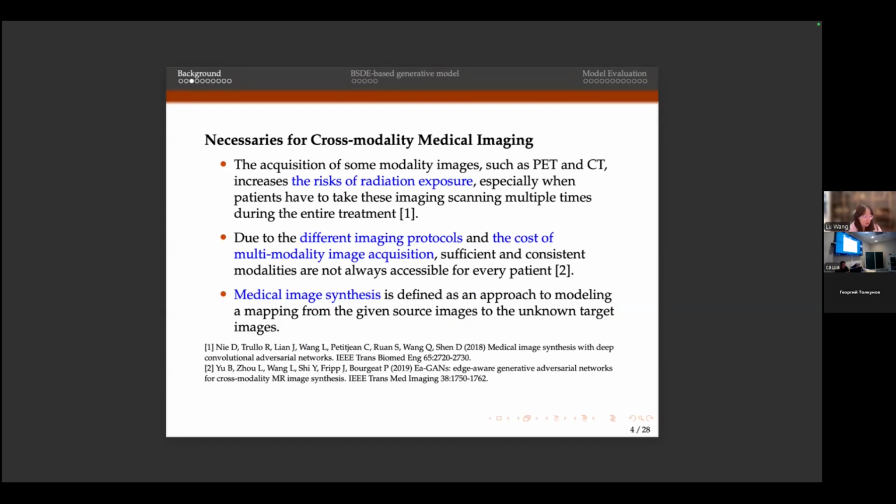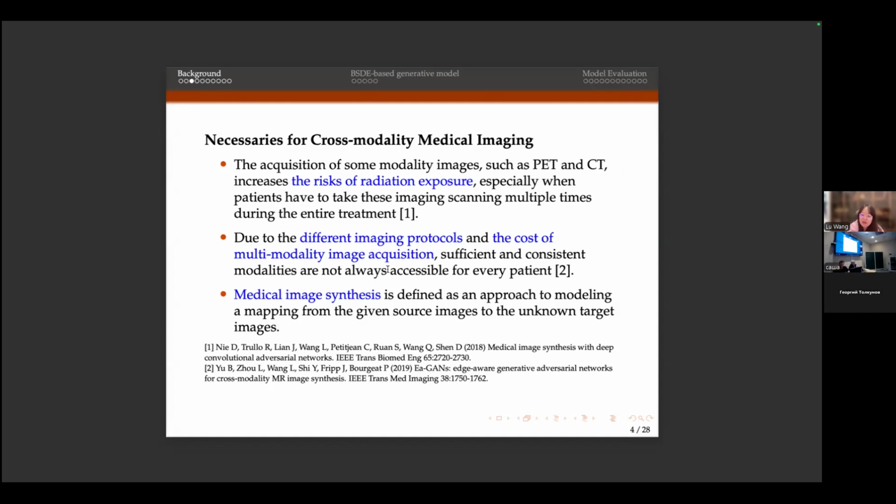This is particularly concerning when patients require multiple scans over the course of their treatment. For example, we scan one time and we only get one type of modality. So if we want to get multiple modalities, we need to scan multiple times. So there are many risks in this.